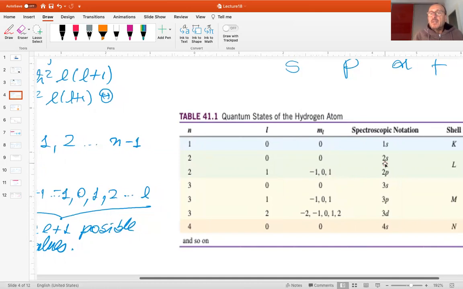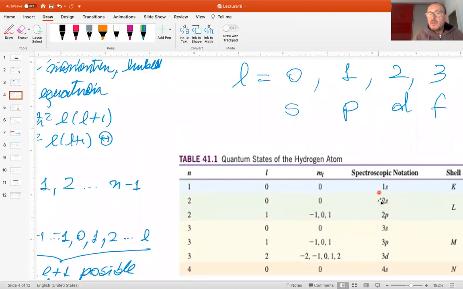This level over here is the second layer, n equals 2, and the angular momentum of the electron here is 0, so it corresponds to an S state. This is n equals 2 also, but now I have an L equal 1, so it's a P state. So this one is a 2P.